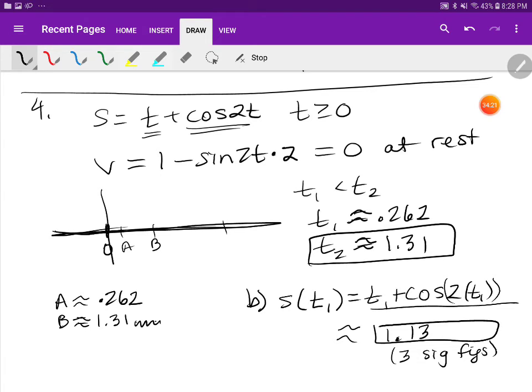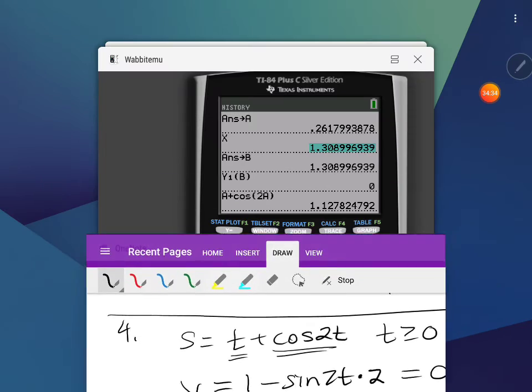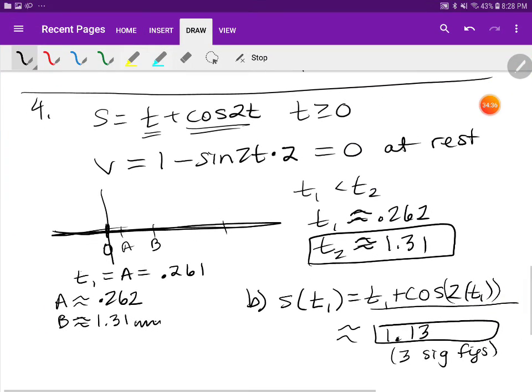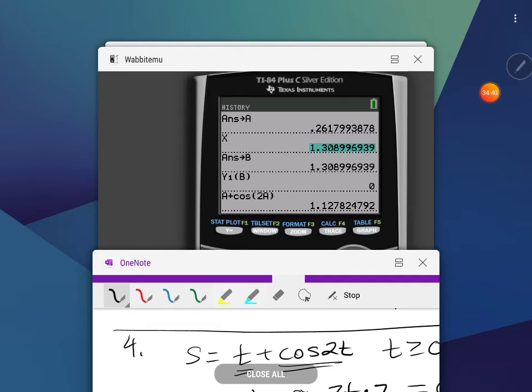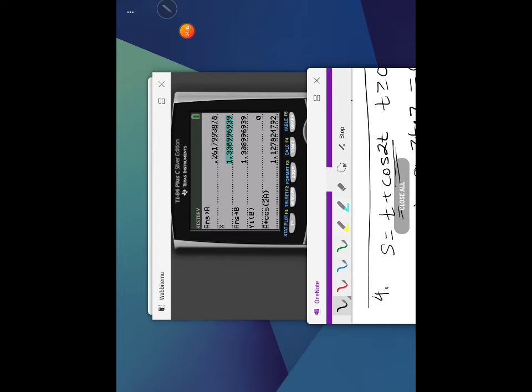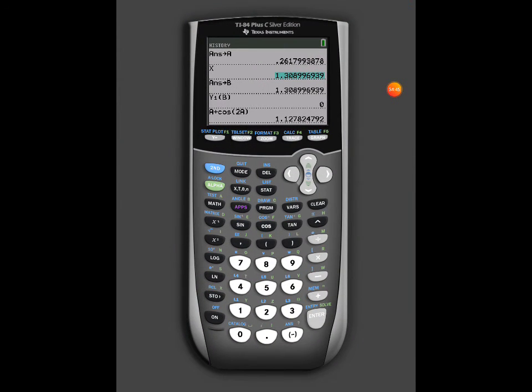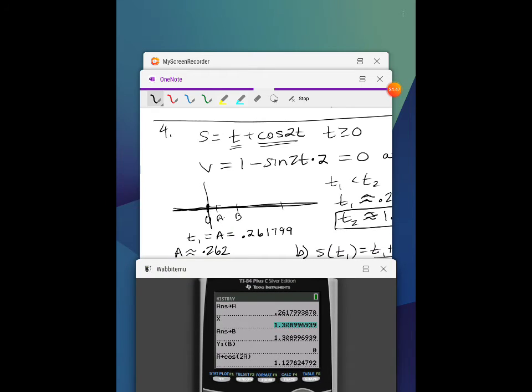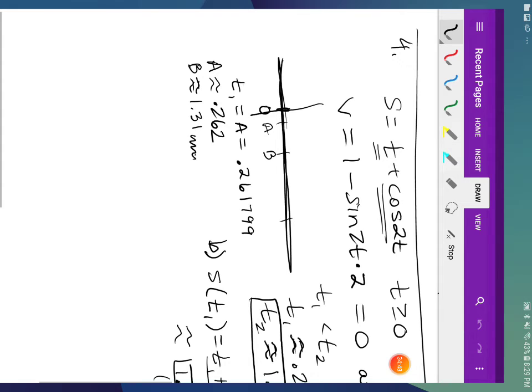Rounded. But this T1 that I was using is really the exact value, so I probably would write that T1 equals A, and I would put 0.26. I think it was 1, right? So I would put that 1799. I usually stop right before a low number, so it's a 3, so then I don't have to decide to round.